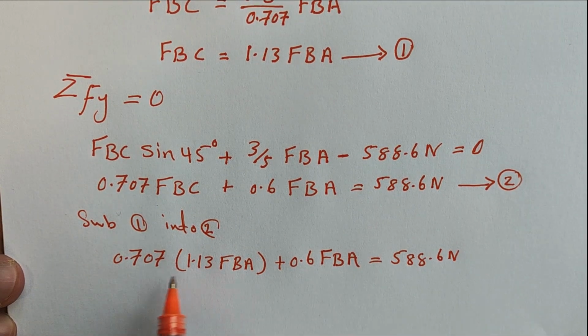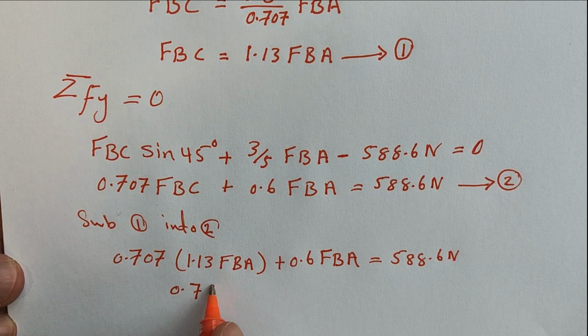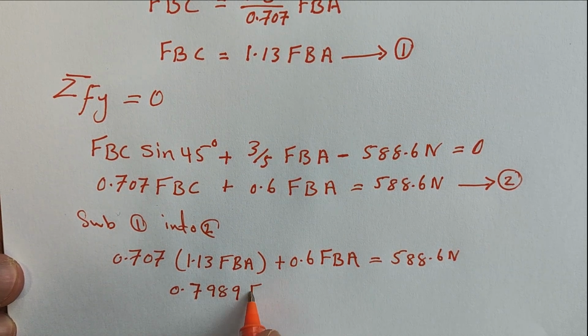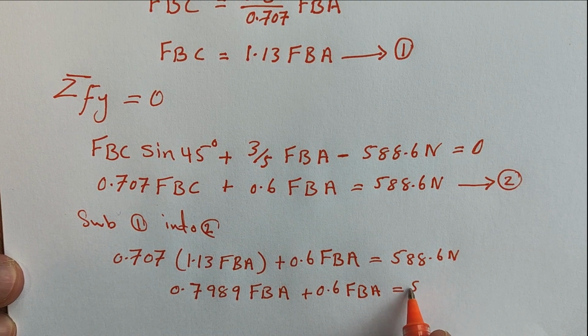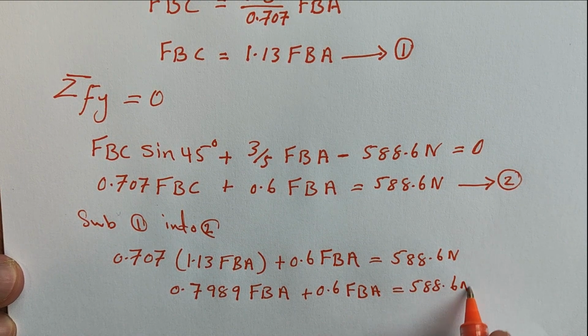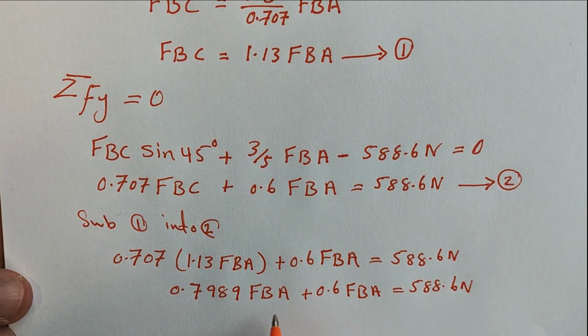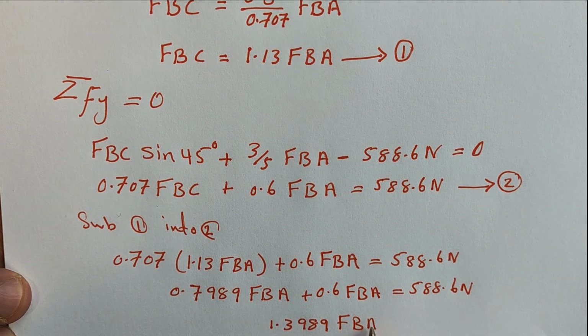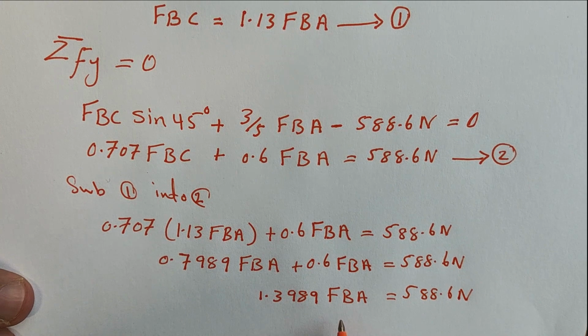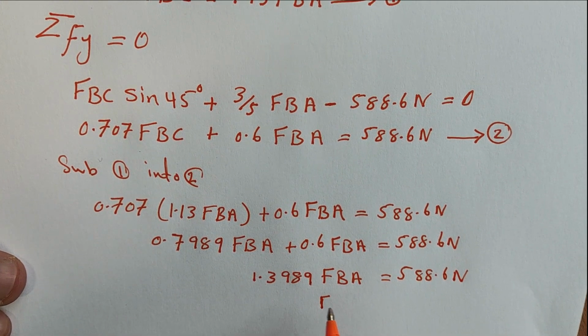When you multiply these two together, we get 0.7989 FBA plus 0.6 FBA equal to 588.6 Newton. Adding these two together, that will be 1.3989 FBA equal to 588.6 Newton.